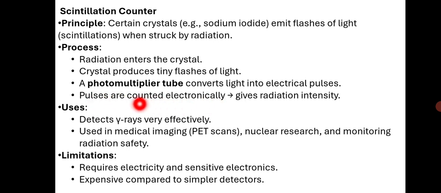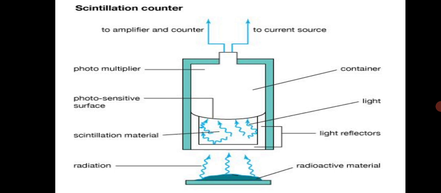These signals are counted electronically to give the amount of radiation. Please know the diagram and use it to describe the process, in case the examiner asks you, with the aid of a well-labeled diagram, to explain how scintillation works to detect nuclear radiation.